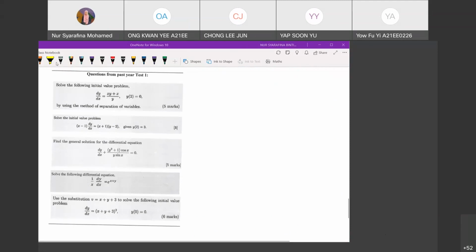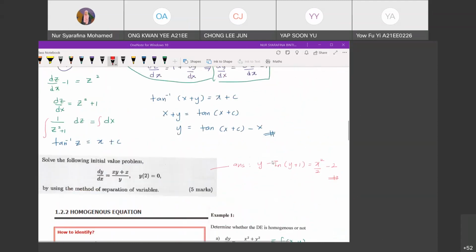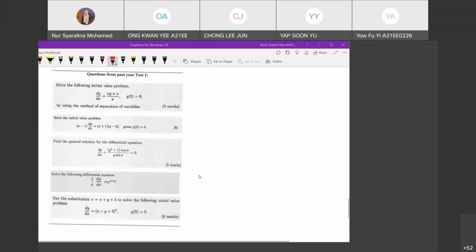The first one we have done, right? Okay, this is the first question. I just write down again the answer so you can check after this. All right, so this one is y minus ln(y plus 1) equals to x squared over 2 minus 2.